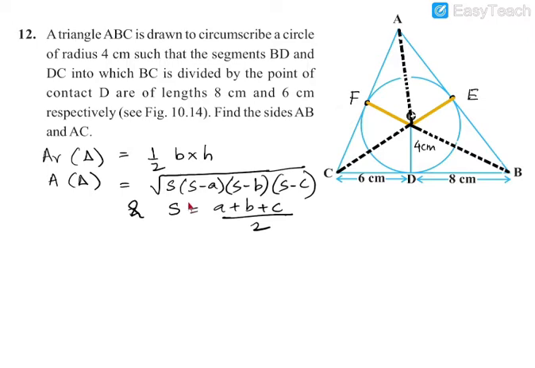Using these two formulas, we are going to find out the area of triangle ABC, and then we will equate the results that we get in order to get an equation in one variable.